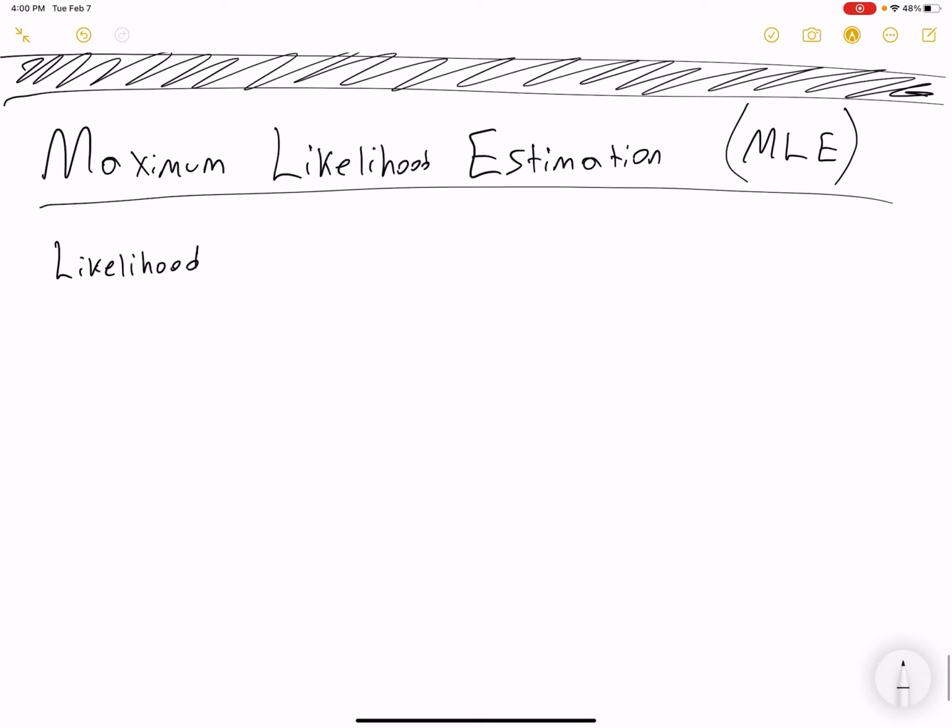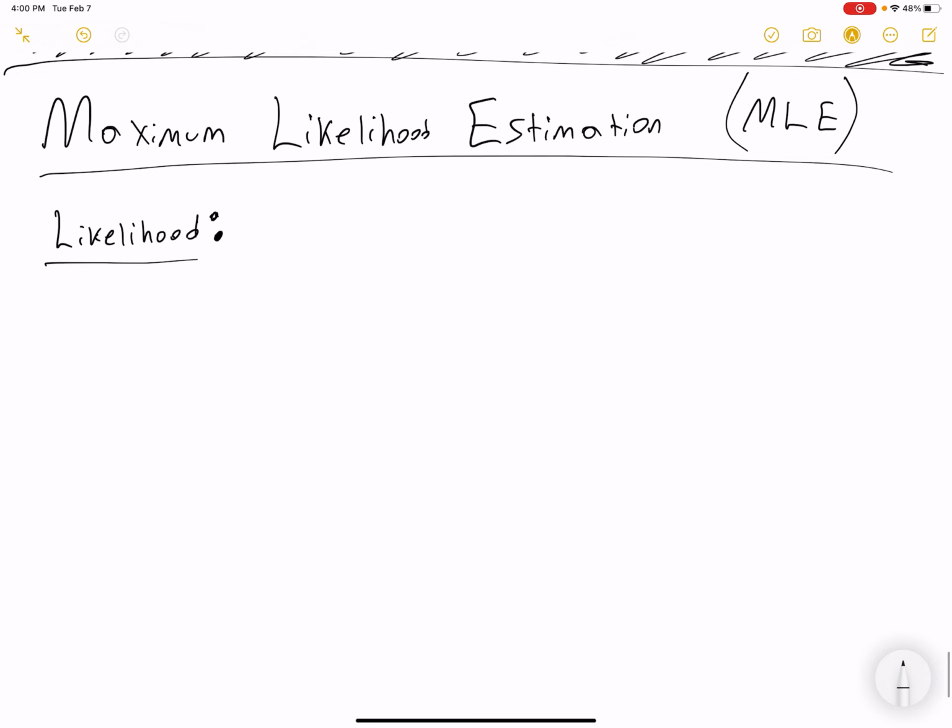Likelihood basically comes up in situations where you want to know the likelihood of the parameters to a model. For example, that would be likelihood of mu and sigma for that normal distribution given the data.